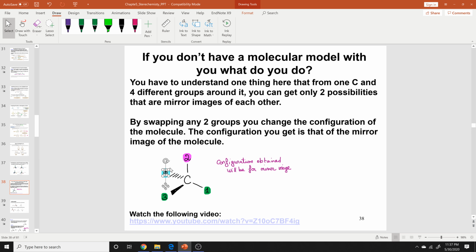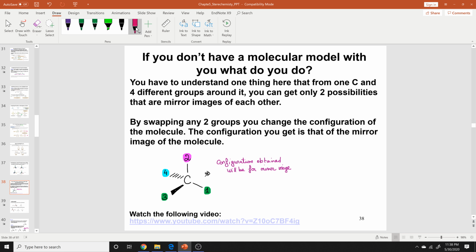By swapping any two groups, normally you change the configuration of the molecule, and the configuration that you get is that of the mirror image of the molecule. Here by swapping, I made group 4 behind. So now I'm just going to look from here, away from group 4, and set my priorities.